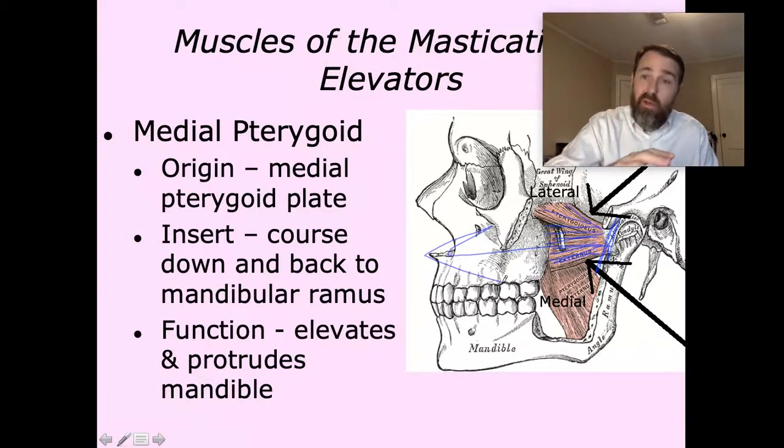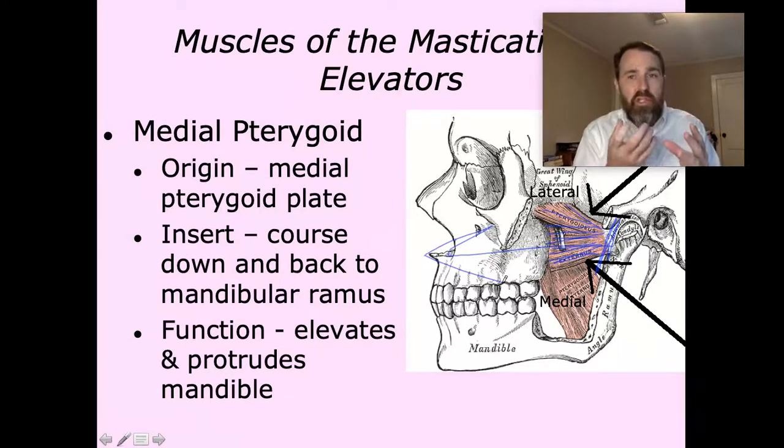So the lateral pterygoid muscle is responsible more for protruding the mandible. And this is important for when you're chewing, that rotary movement. Your mandible is going side to side, but it's also going front to back. So the lateral pterygoid muscle is responsible for that front to back motion while you're chewing.